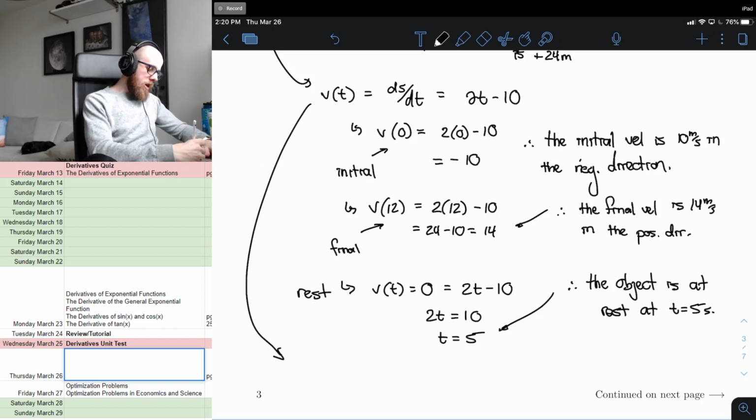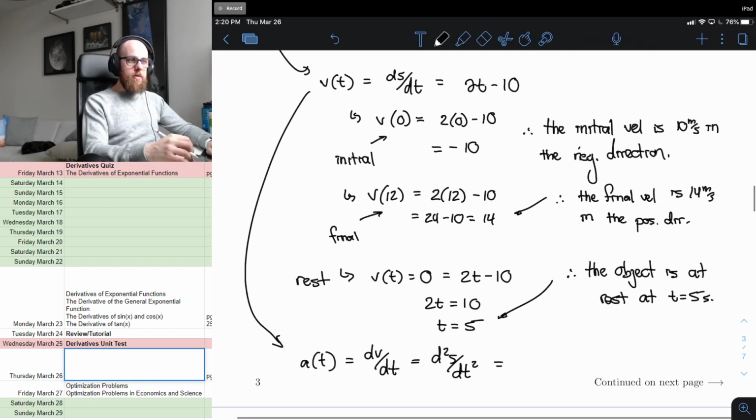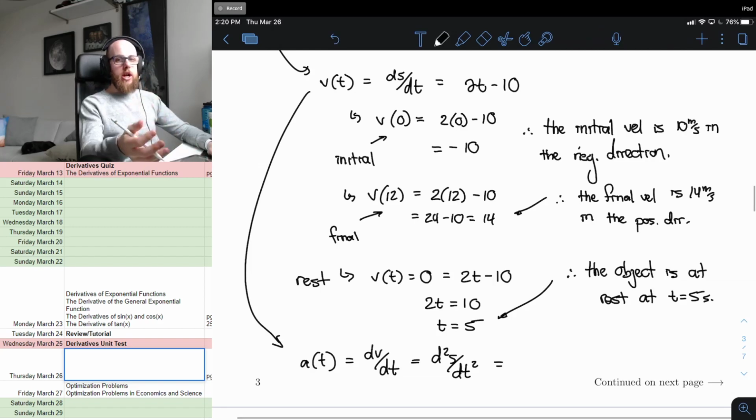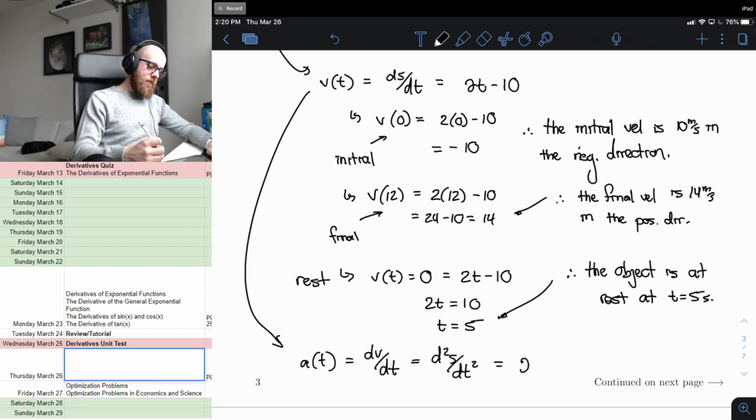So the acceleration I find by taking the derivative of the velocity function, or another way of writing this is the second derivative of the position function with time. Both of those are the same thing. But really, I'm taking this 2t minus 10 formula and I'm just differentiating it one more time. So the derivative of 2t minus 10 is just 2.